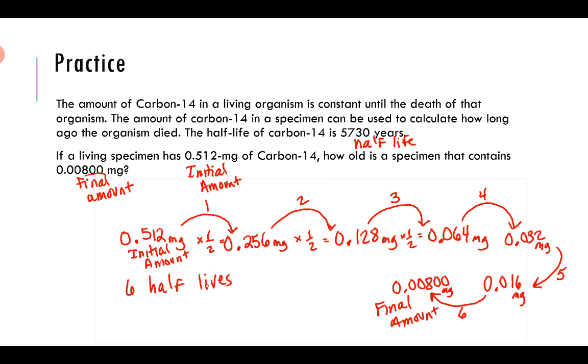And so each half-life is 5,730 years. And so 6 times 5,730 is 34,380 years.